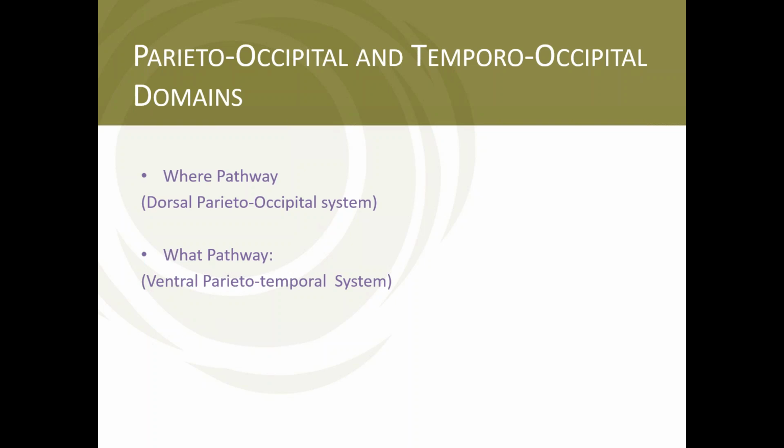So I want you all to focus on the where pathway, the pathway where you are in your geographic orientation, where you are in your spatial orientation, and also where you are in terms of your gaze. This pathway also controls our voluntary gaze.